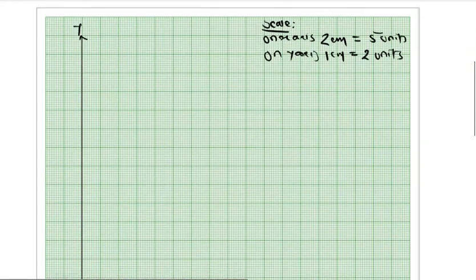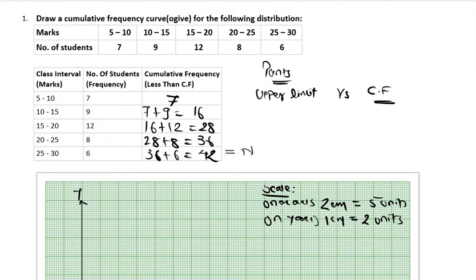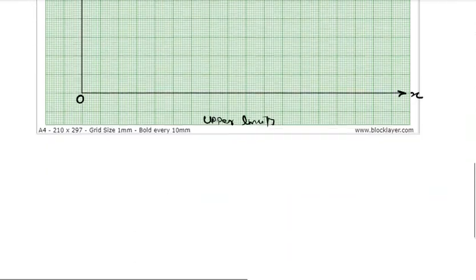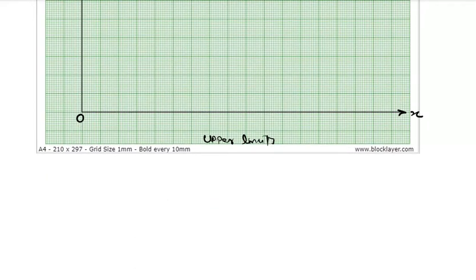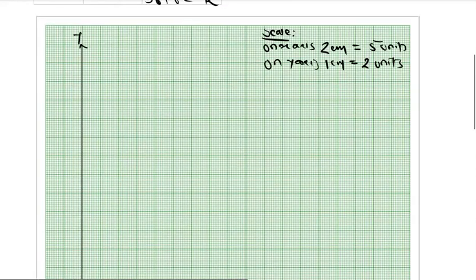Let's write the numbers: 0, 5, 10, 15. Okay, every 2 centimeter is 5 units.